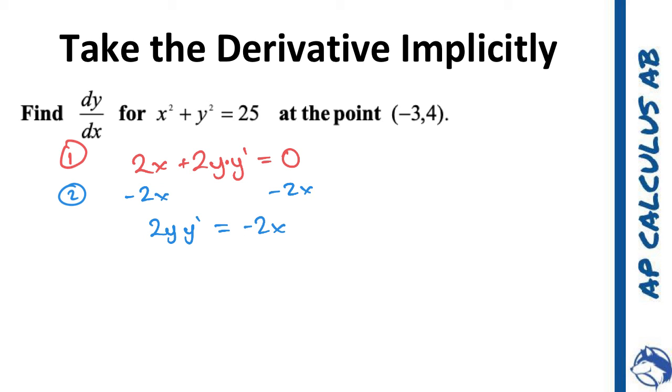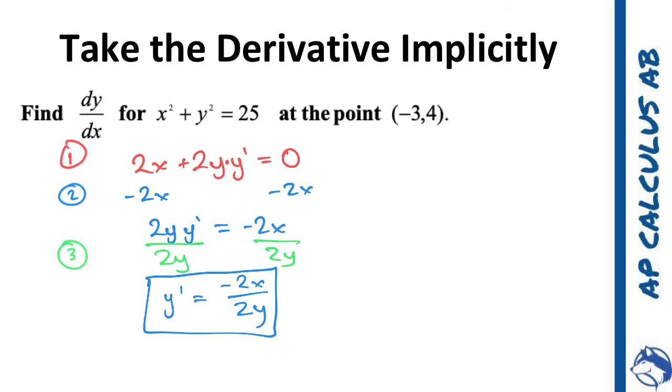Then step number 3, these are all my y prime pieces. I need to get the y prime alone, so I'm going to divide by 2y. At this point, which is technically step number 4, I've got y prime equals negative 2x over 2y.